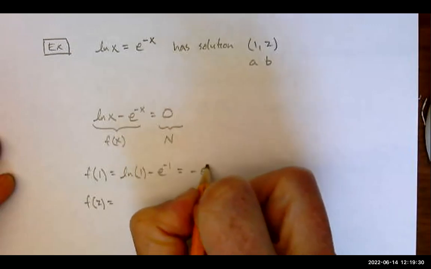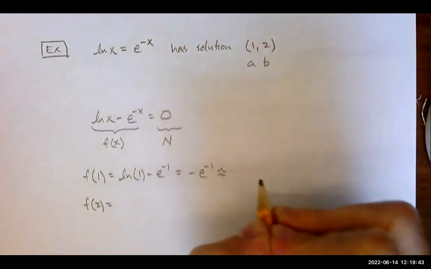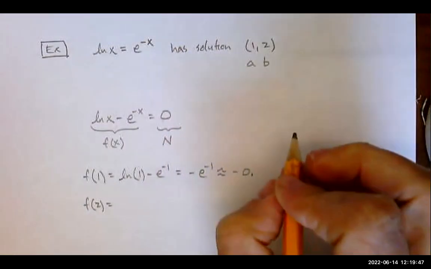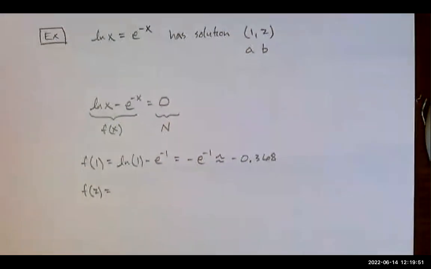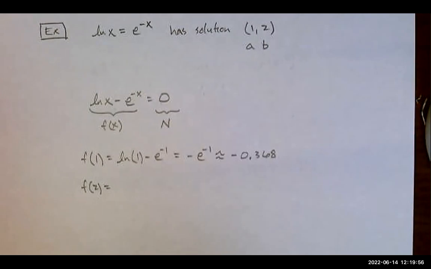So this is simply negative e to the negative 1. What number is that? I'm going to break out my calculator really quick just to get an idea. This is about negative 0.368. Okay, noted.